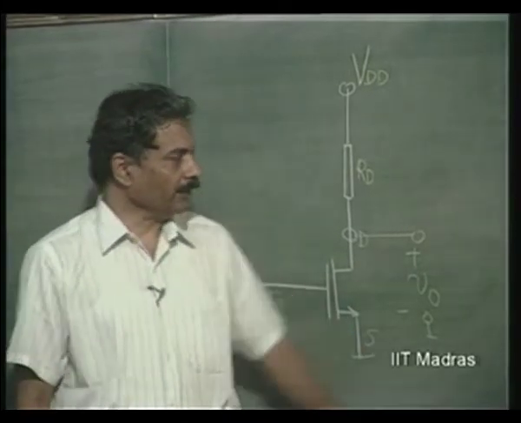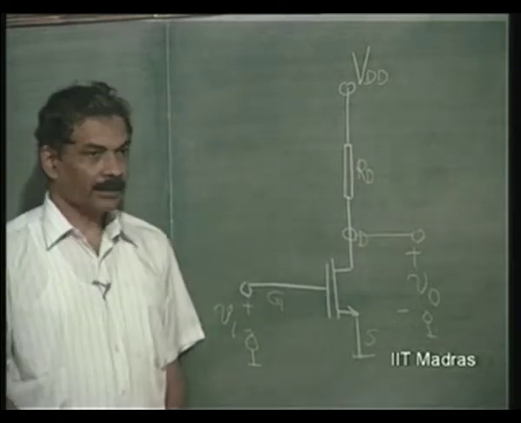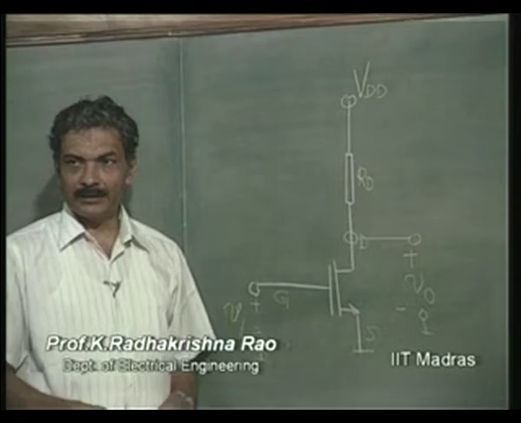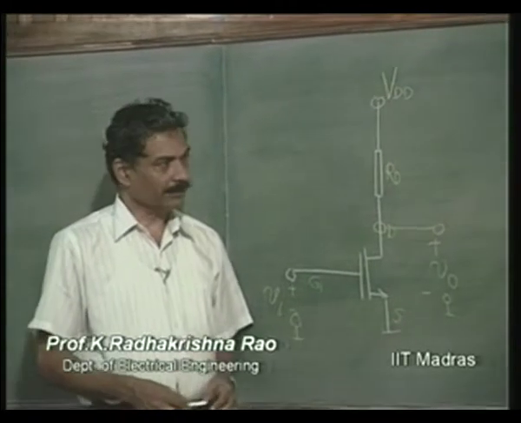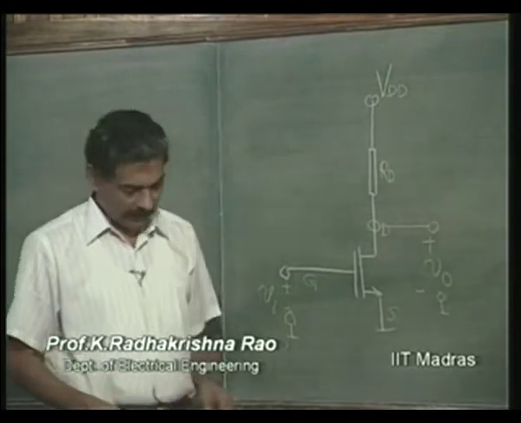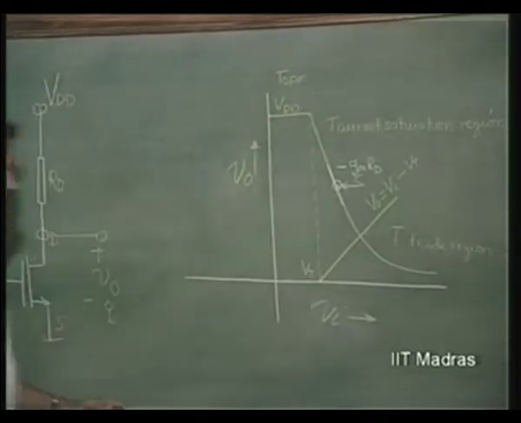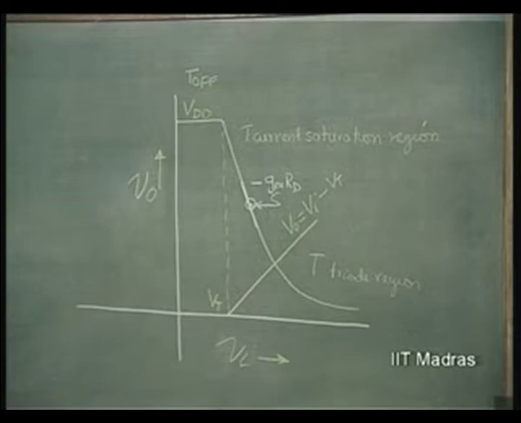In the last class, we saw that the inverter formulated using MOSFET or junction FET has a characteristic as shown. This is the transfer characteristic. We saw that initially the transistor is off when Vi is starting from 0.